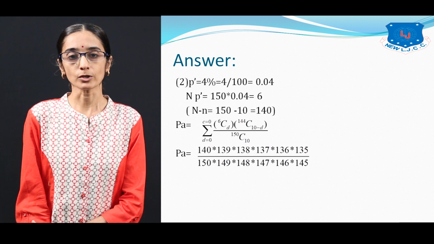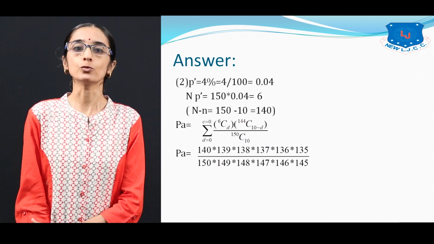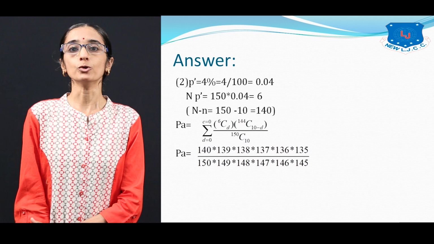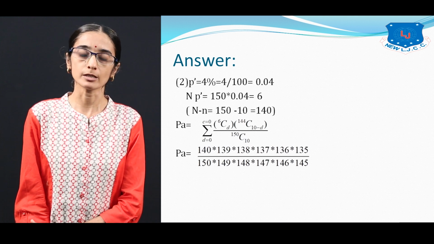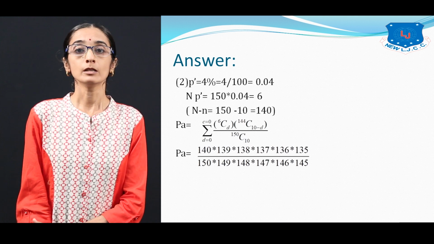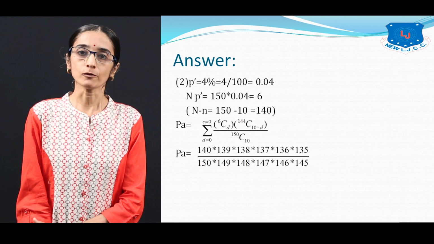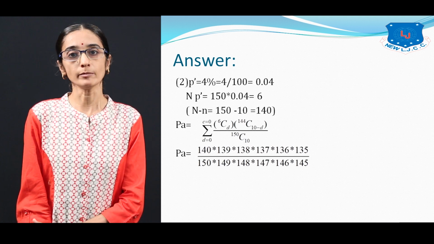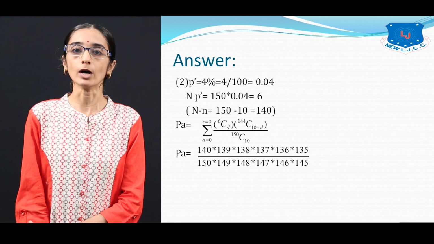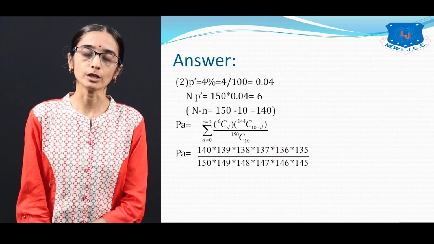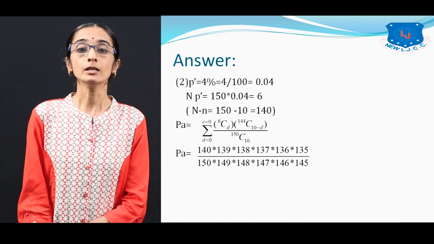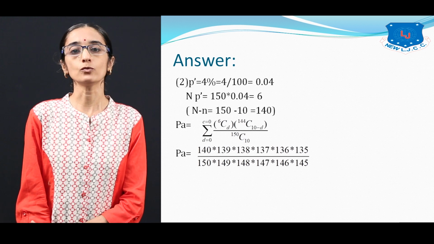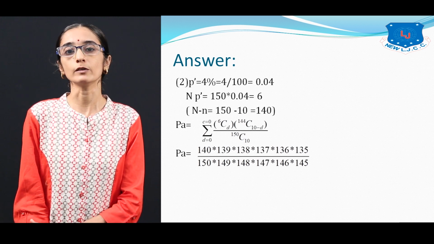So it will be 140 into 139 into 138 into 137 into 136 into 135. Now divided by 150, once again reduce the same number of terms. So it will be 150 into 149 into 148 into 147 into 146 into 145.